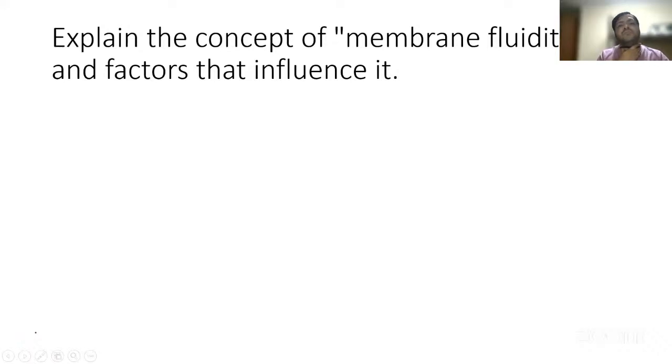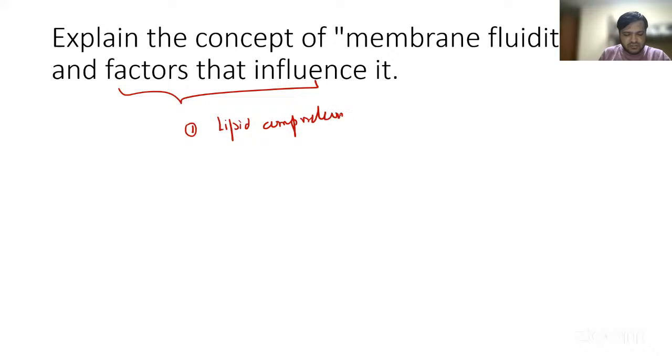So the factors that influence it, guys, that is something which you have to remember. One is the lipid composition, right? The length of the fatty acid chain in phospholipids influences the membrane fluidity.